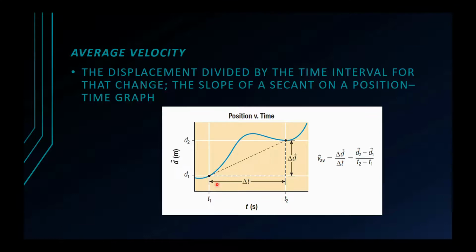In between, the object is not following a straight path, but it's following this path. If you want to know the average velocity, you have to use this formula over here: d2 minus d1 over the time interval, and you get the average velocity. Of course, also that vector symbol on top because it is velocity.